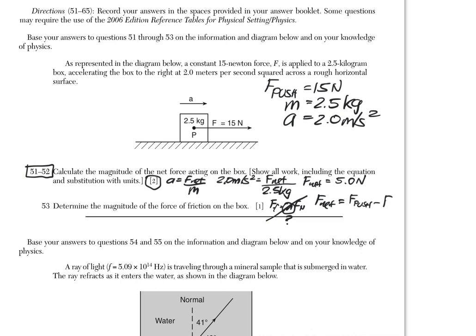That is not on the reference tables. But I know my net force is 5 newtons. I know the pushing force is 15 newtons, and so the friction force is the difference. That friction force is 10 newtons.